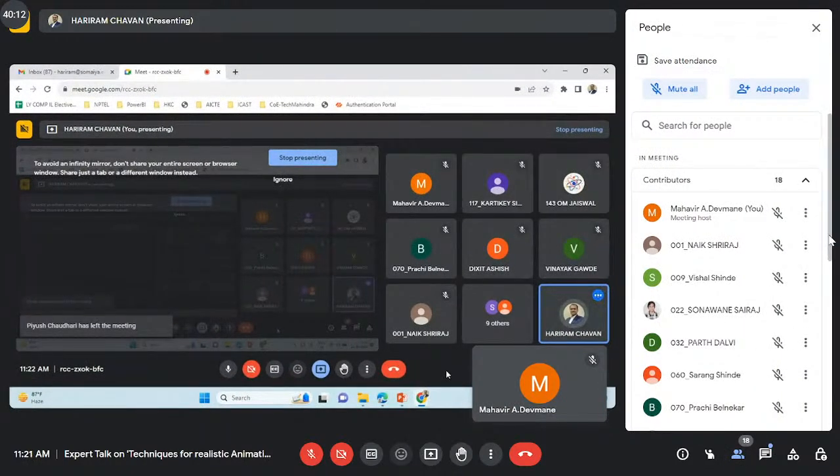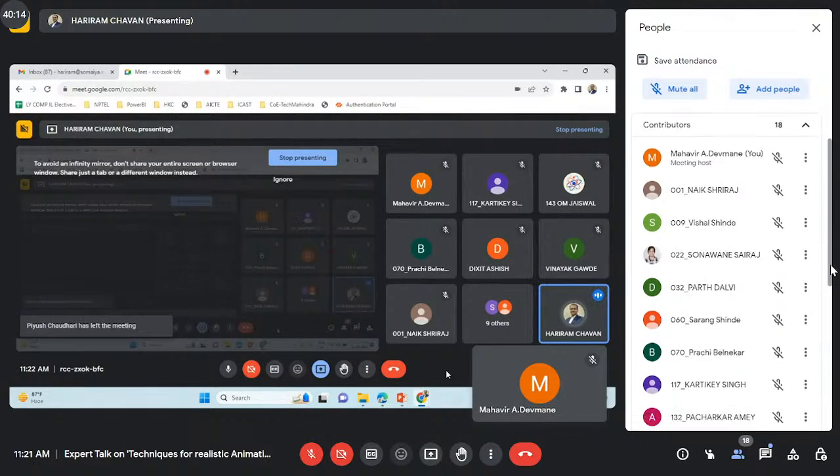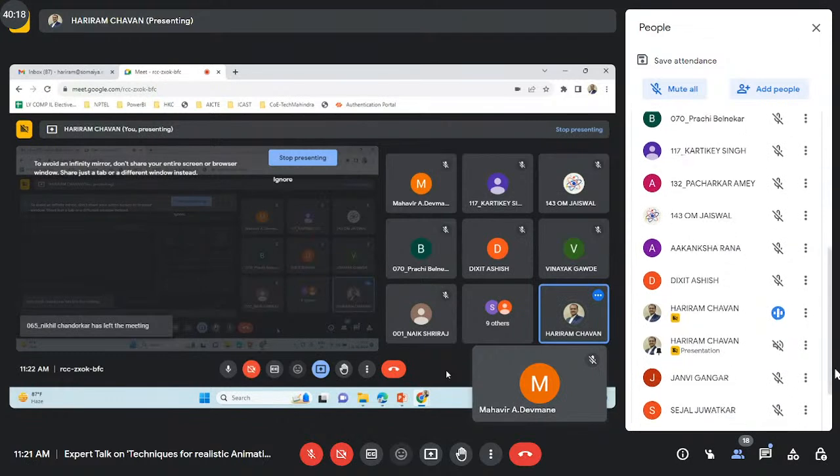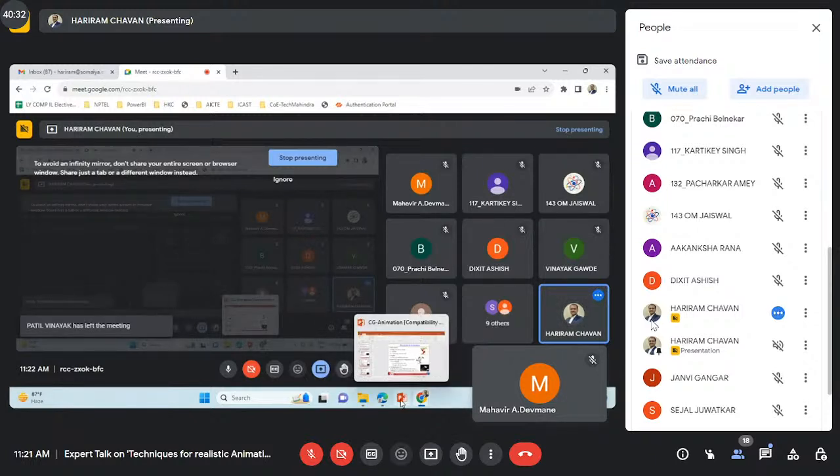My current slide talks about the timing, anticipation, staging, and follow through. What was the previous two? Obviously, the first one was squash and stretch, and the second one was timing and motion.